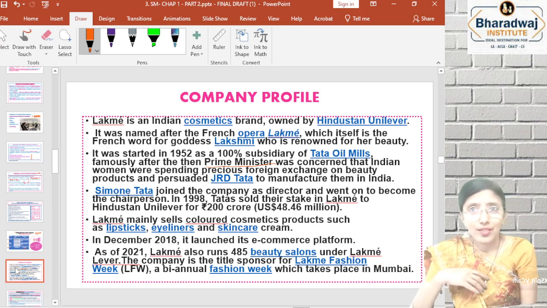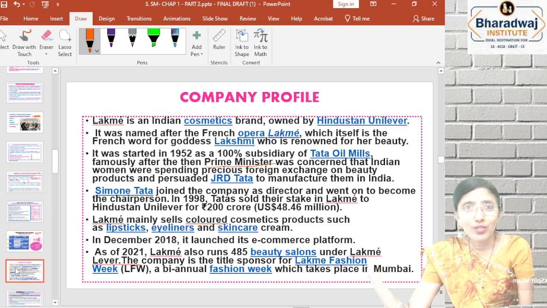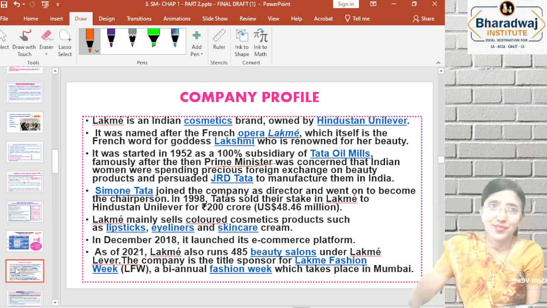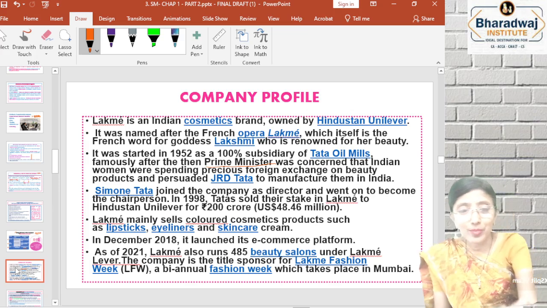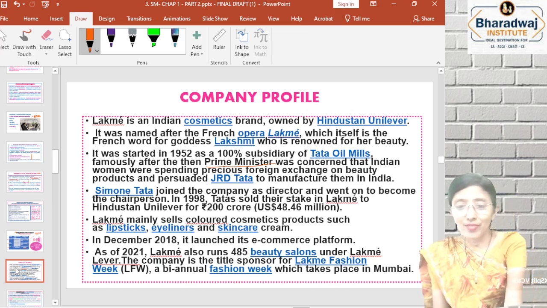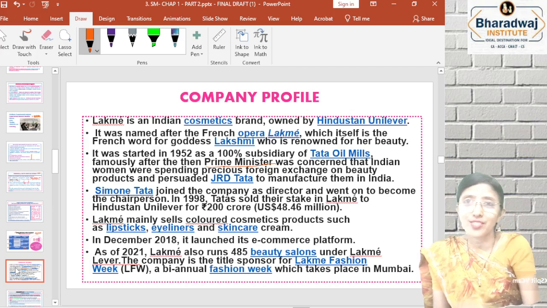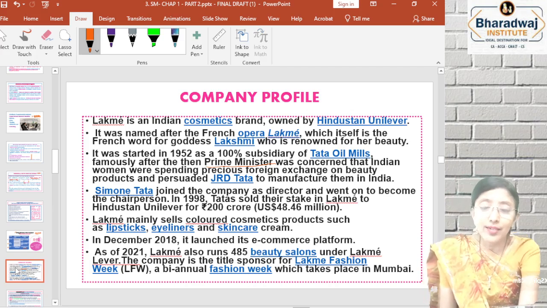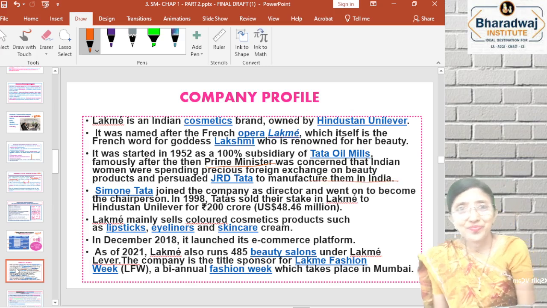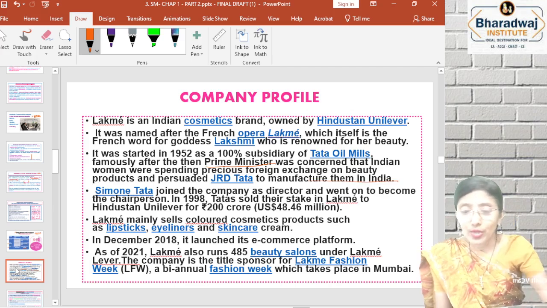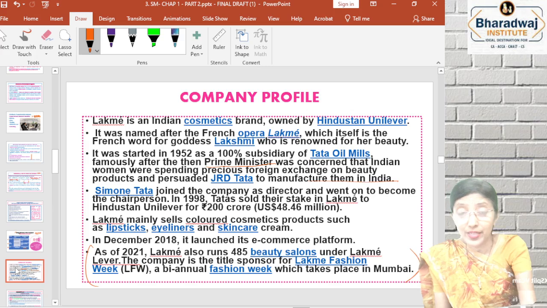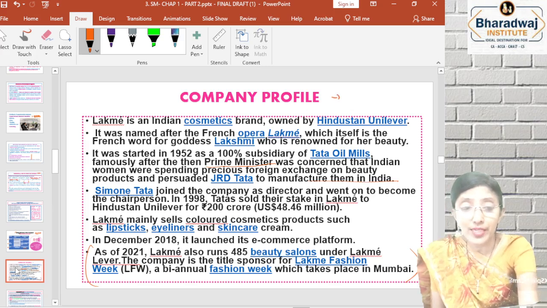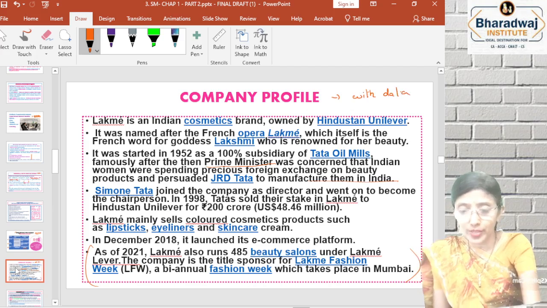There is a scarcity of foreign exchange. Better start having our own concern. That is how Lakme started. You know that, a prime minister was concerned that Indian women are spending money on beauty products, and he persuaded Tata to manufacture them in India. So the story is, in the class I would have elaborated for you what happened, and as of now 2020 data is also there. So this is an example of a case study with the data, where 2021 is not an obsolete data according to the source.